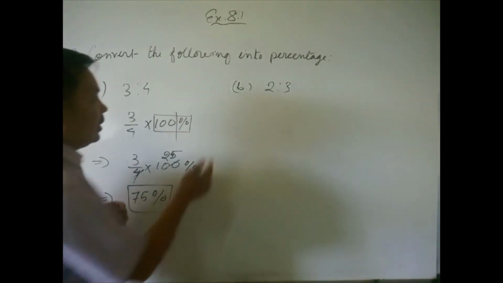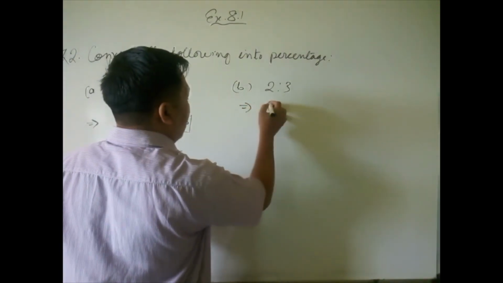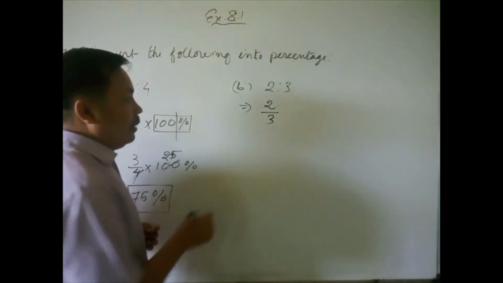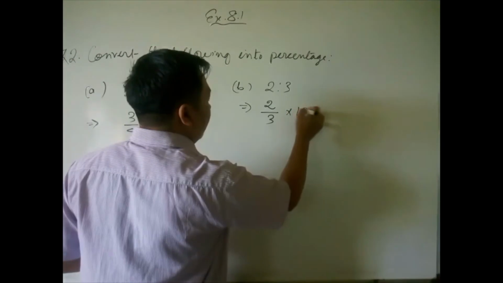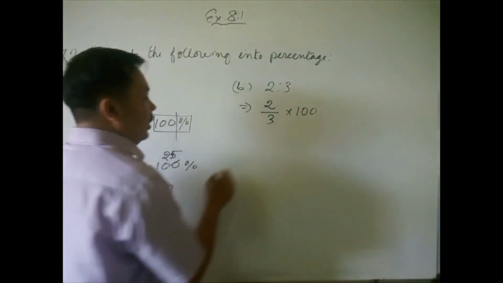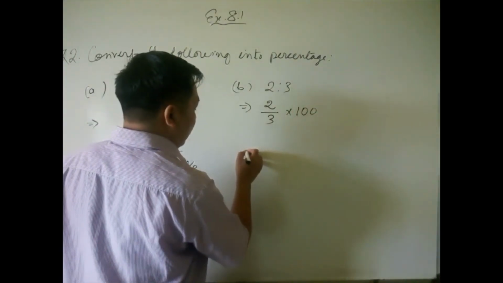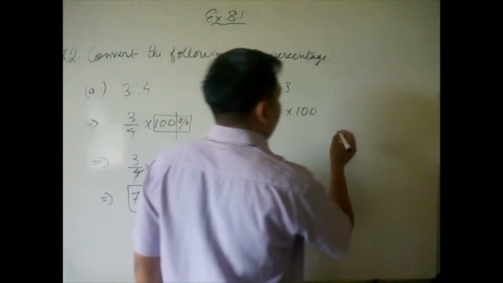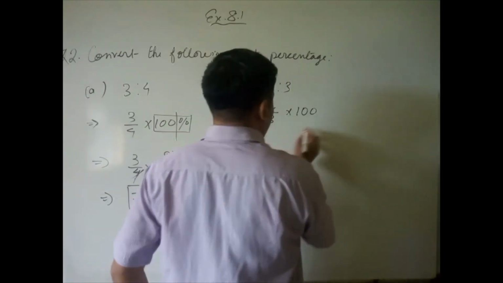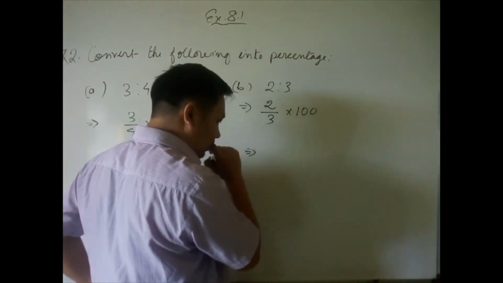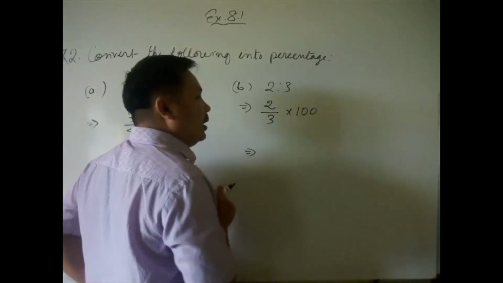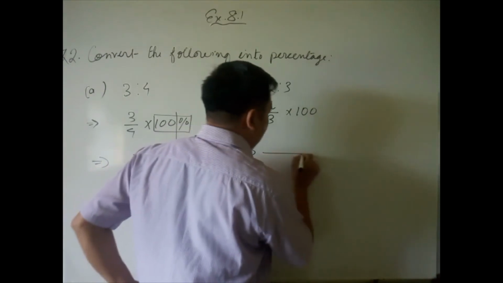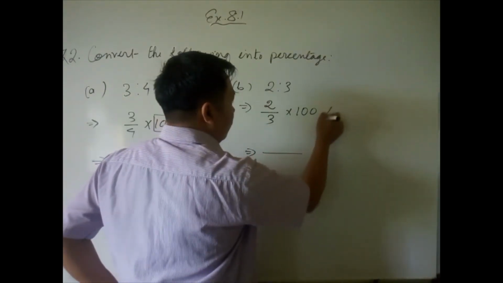Okay. Likewise, here also 2 is to 3 can be written as 2 by 3. Now 2 by 3 into 100. Okay, 2 by 3 into 100. And now we will get, my best students, suppose for example, 3 cannot divide completely, isn't it? So what we can do is, this also will have the percentage.